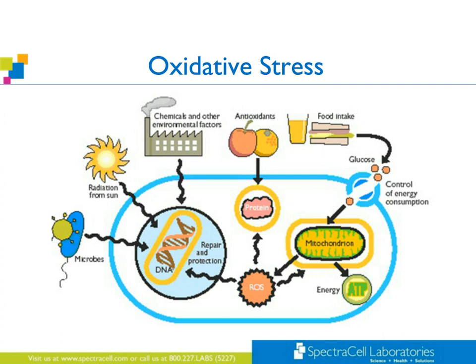So when we're thinking about oxidative stress, it's of course not getting enough rest, but it's also overeating carbohydrates. It's not getting the right kinds of foods, and it's these environmental stressors as well: the chemical toxins, the excessive sun exposure, and infections.